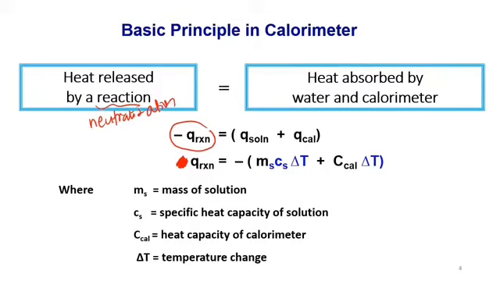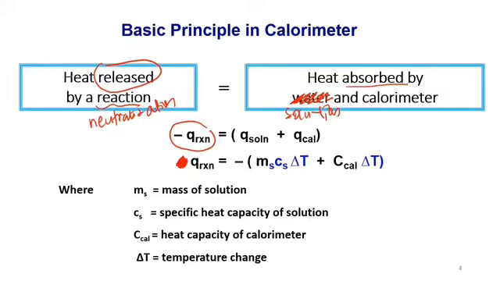Kenapa dia negative value? Sebab dia adalah proses exothermic. Based on the definition of the neutralization iaitu heat release when 1 mole of water is formed when the acid and base reacted, is equal to the heat absorbed by the, sorry sini bukan water, sini solution and calorimeter. Boleh?